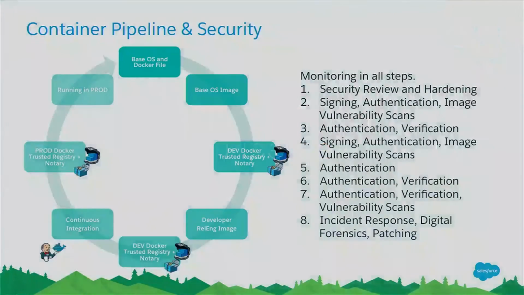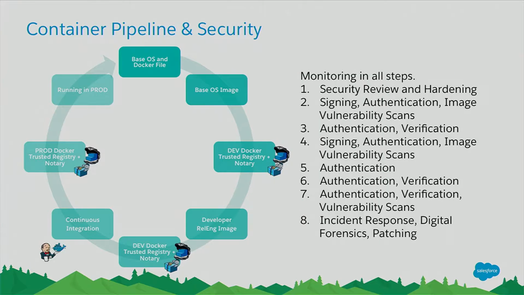So, what does a general pipeline look like within our environment? The cycle starts with the base operating system image, which is consumed by the developers, and the developers build their app on this base image, producing their own image for further testing. Release engineering takes this up, pushes it into the registries for continuous integration to pick up.